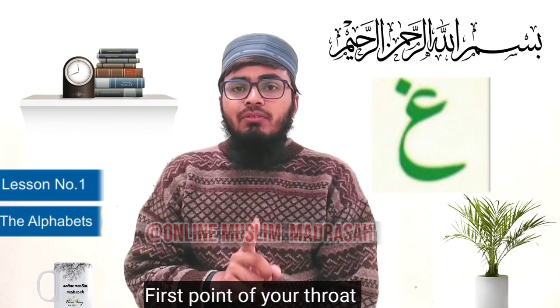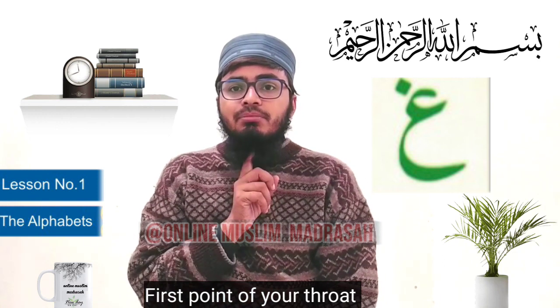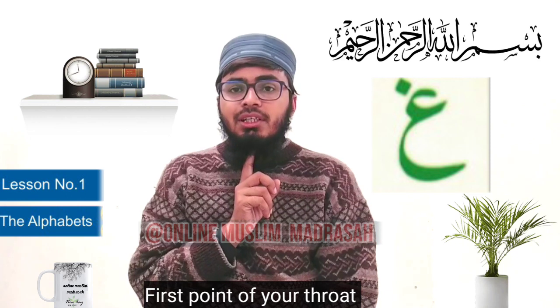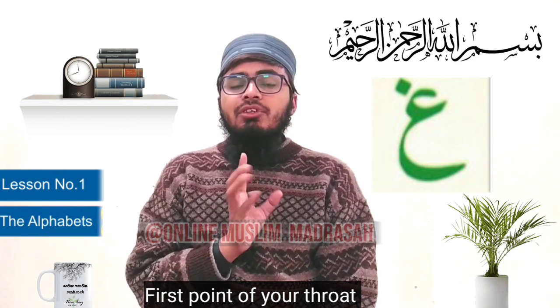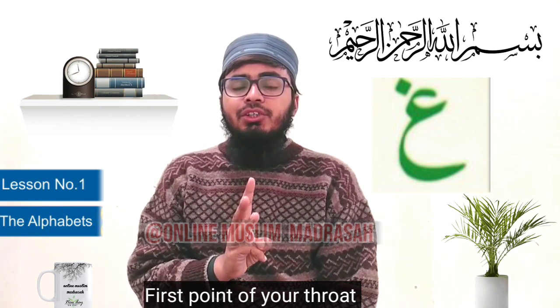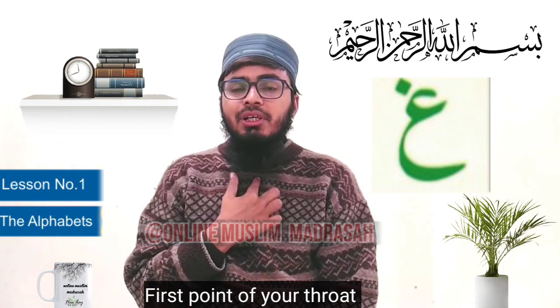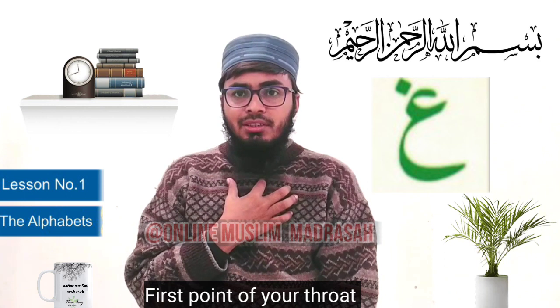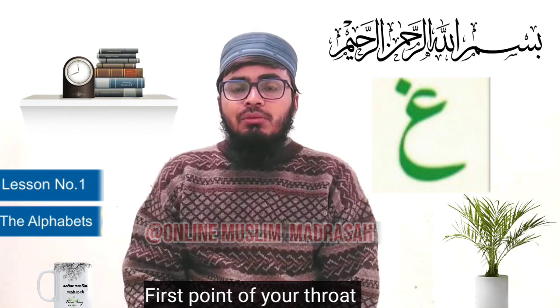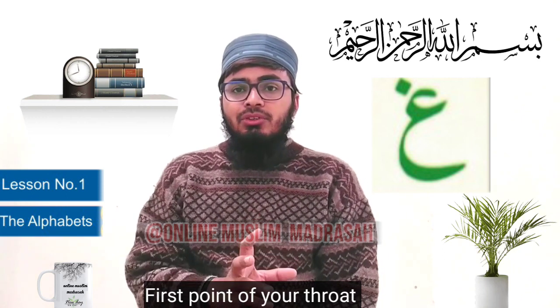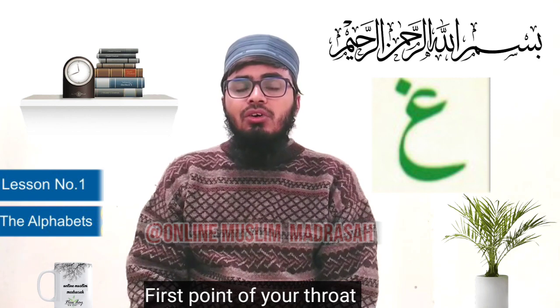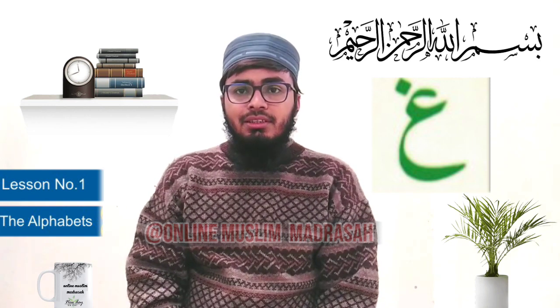The exit point of ghain is the first part of our throat, the starting point of our throat. Our throat has three parts. I already told you, the starting point, then the middle point, then the end point. The end point is here, near the chest. Okay. So you will pronounce from the first part of your throat. Gha, ghain.